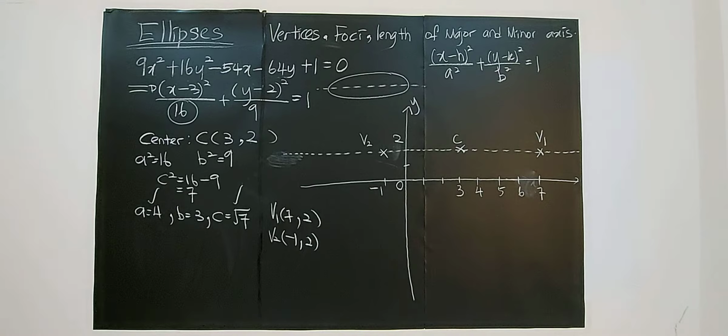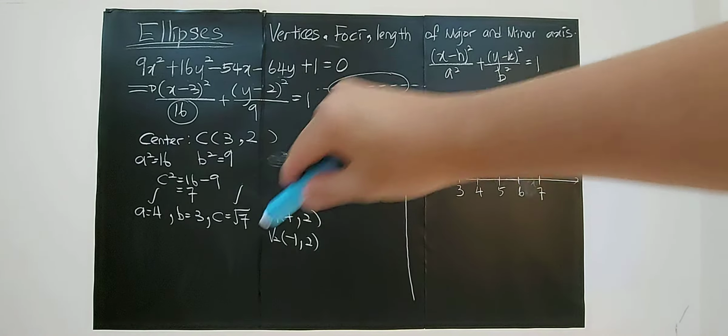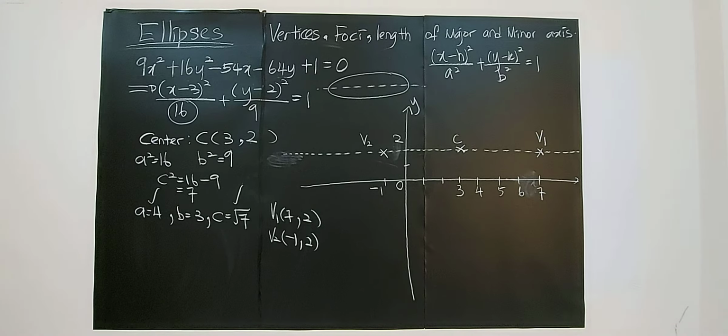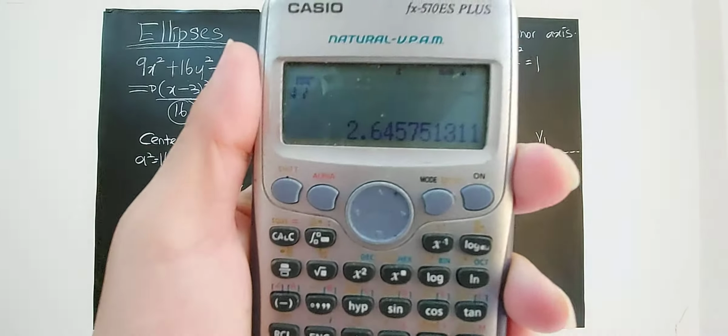The focus. You can estimate the value of square root of 7 by keying it into your calculator, which is around 2.65. We can just take one decimal place when sketching. It's just a sketch.